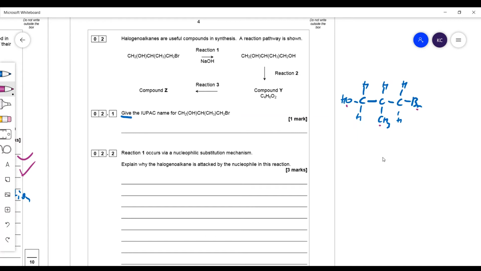So there is OH, there is CH3, and there is Br. So which way are we gonna number the longest carbon chain, which in this case is the 3 carbons? Well, obviously oxygen is going to have the highest priority, so there's going to be 1, 2, 3, like that.